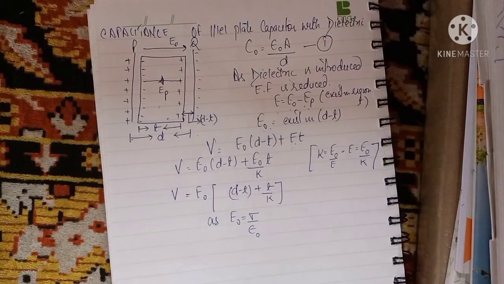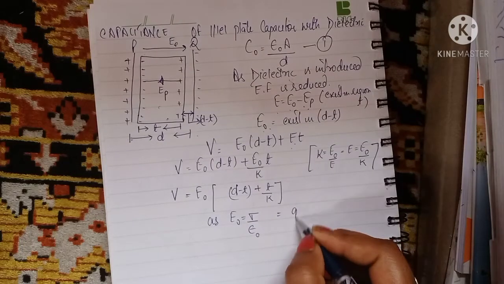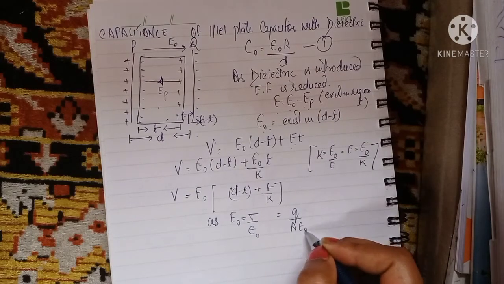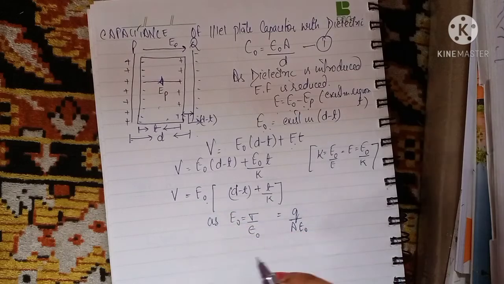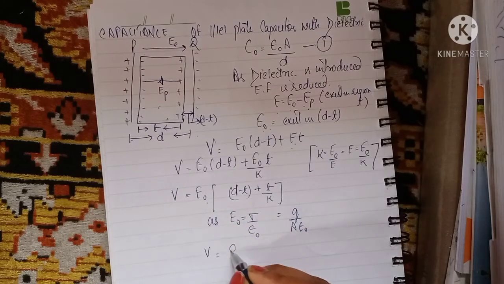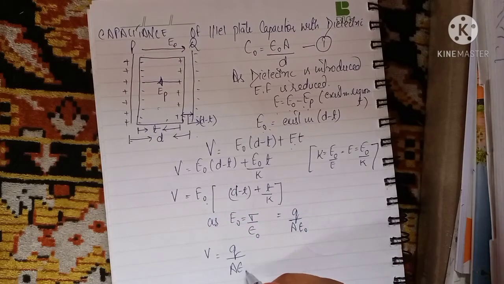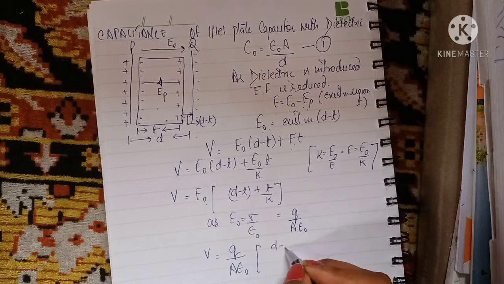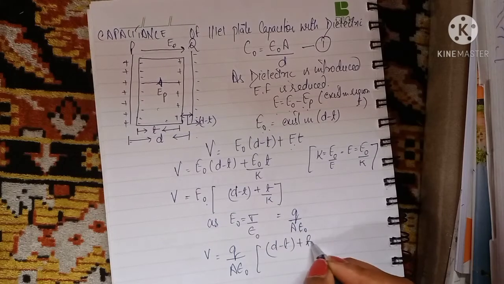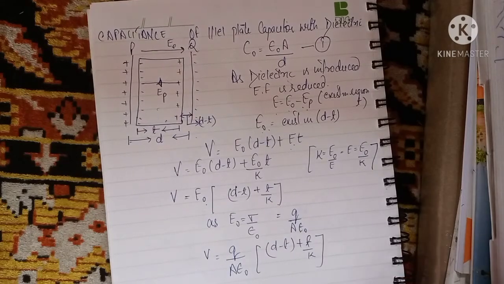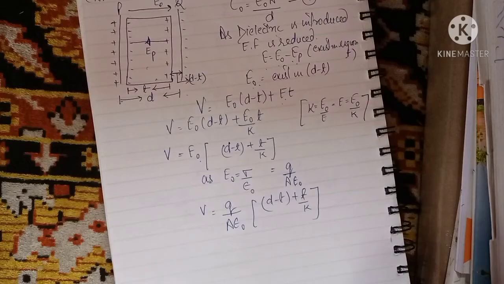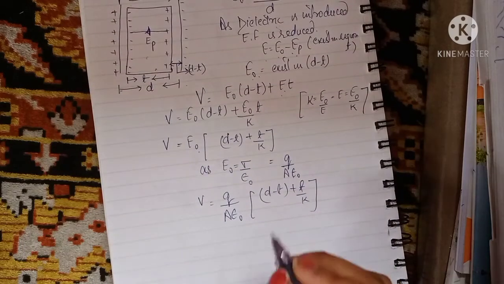We know that the electric field inside the parallel plate capacitor is sigma over epsilon naught. If we put sigma as charge by area, we have it like this. We put this value here now. So V becomes Q over A epsilon naught, times D minus T plus T by K. This should be no problem.